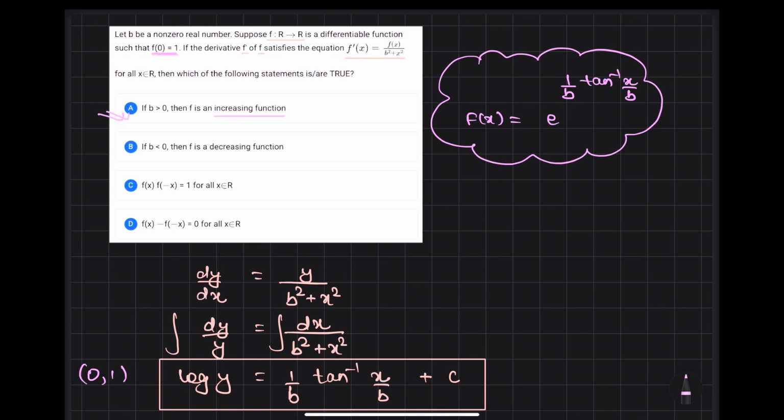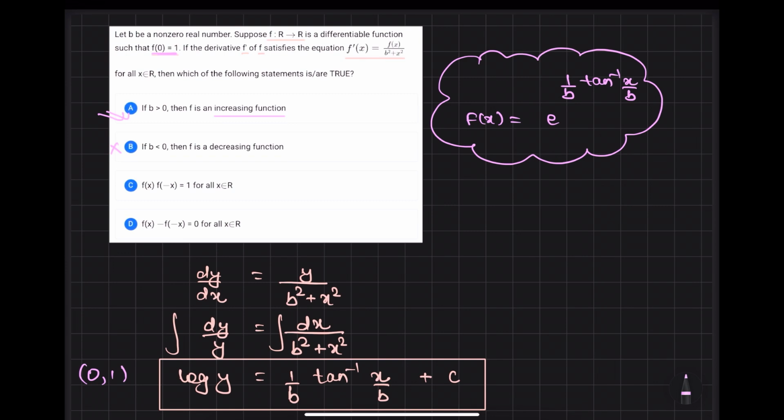Option 1 is correct. Option B, they are saying it is decreasing. No, it is not, because it is an exponential function and the base is e, meaning 2.71, and you know that if base is greater than 1, it is an increasing function. If base is smaller than 1, it is a decreasing function. So option B is wrong.